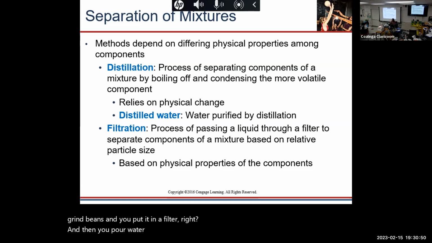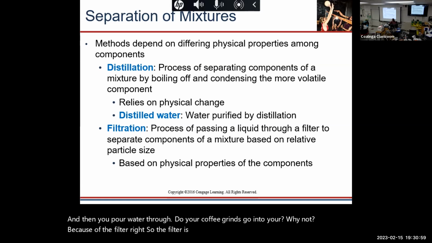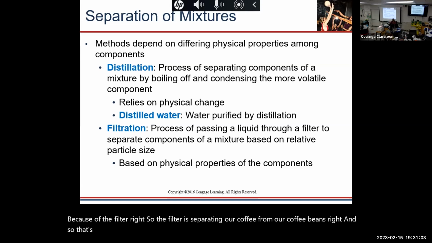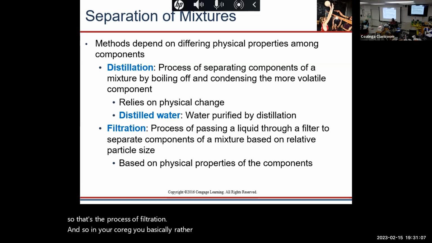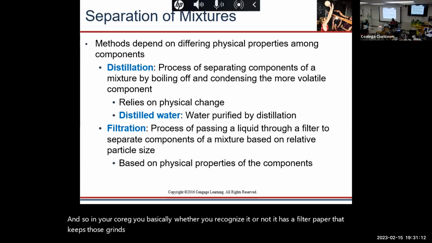Do your coffee grounds go into your cup? Why not? Because of the filter. So the filter is separating our coffee from our coffee grounds, and that's the process of filtration. Even in your Keurig, whether you recognize it or not, there is a filter paper that hopefully keeps those grounds from falling into your coffee.